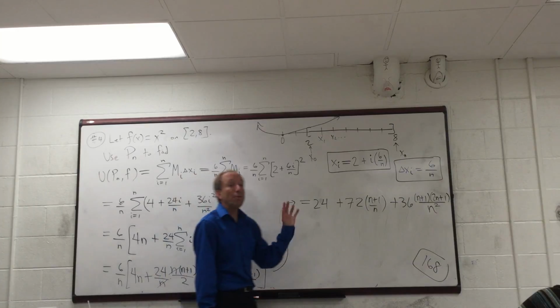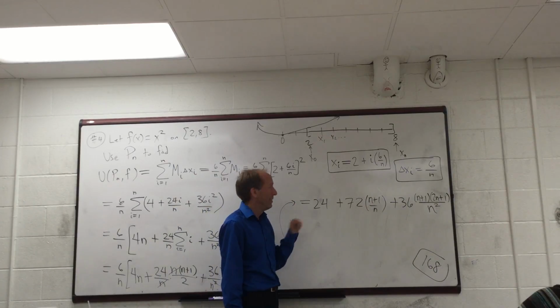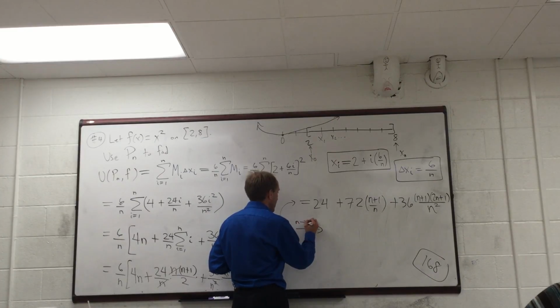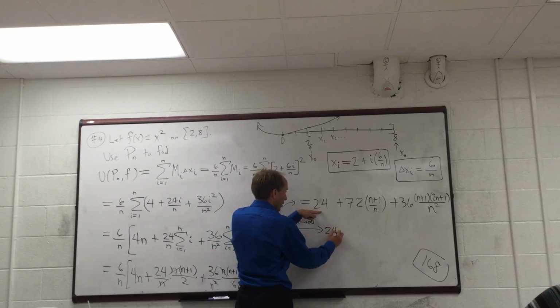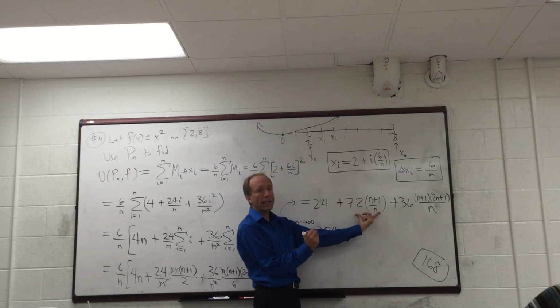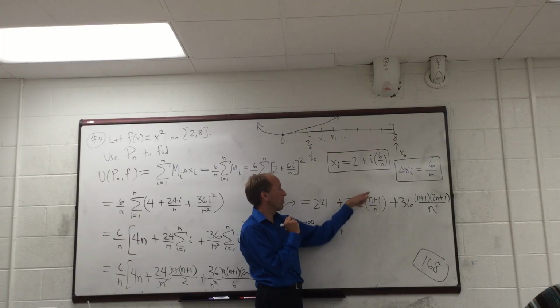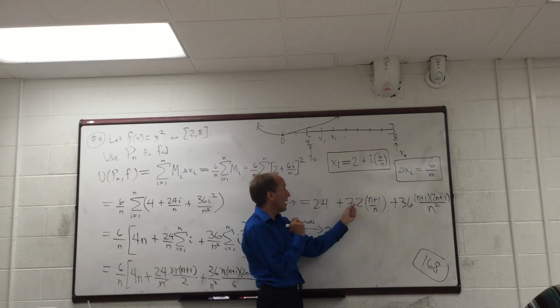If n gets really, really big, what happens to this number? So as n goes to infinity, I just want to know, this part, of course, is 24. What happens to this term when n gets really big? 72. Because this is really just approaching 1 times 72.